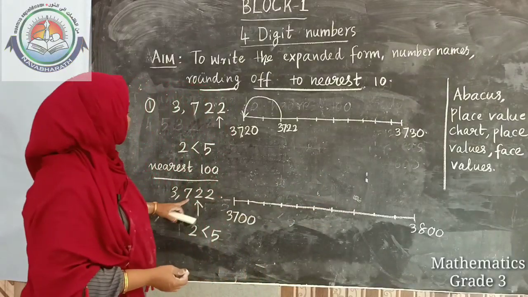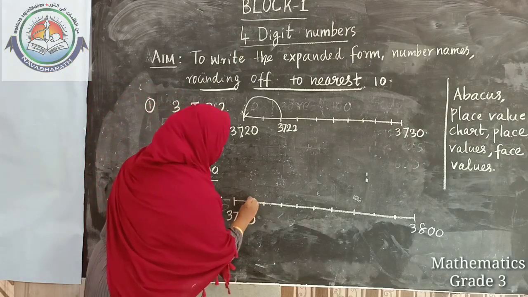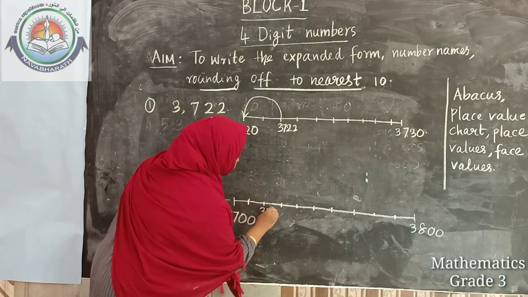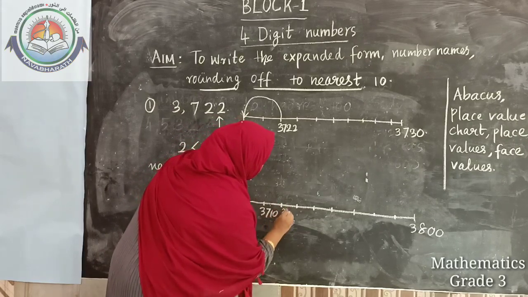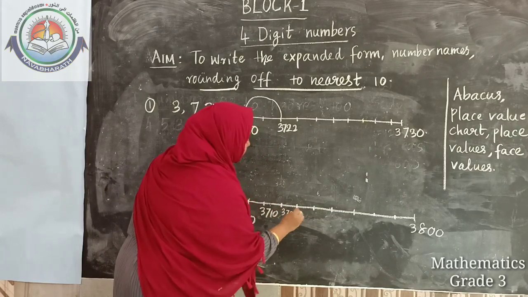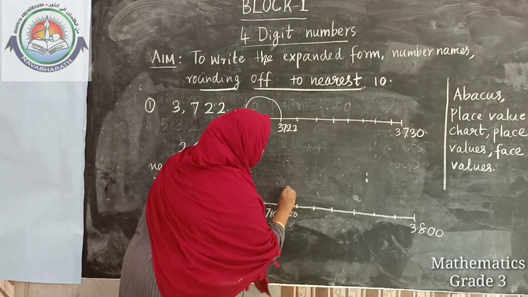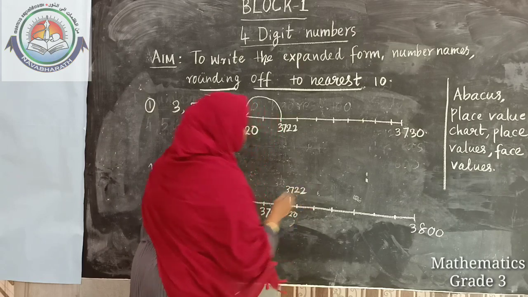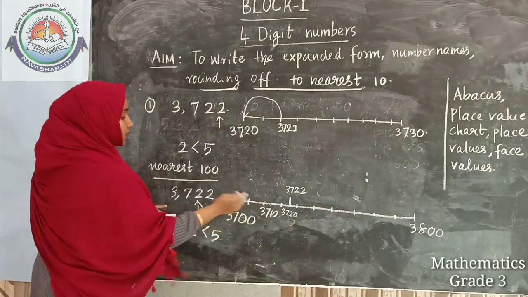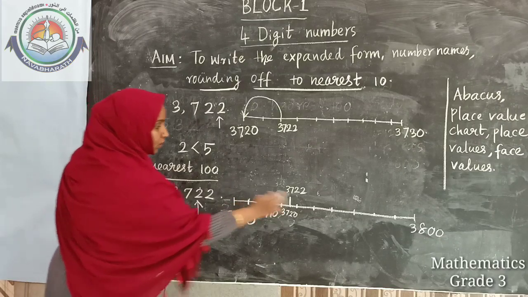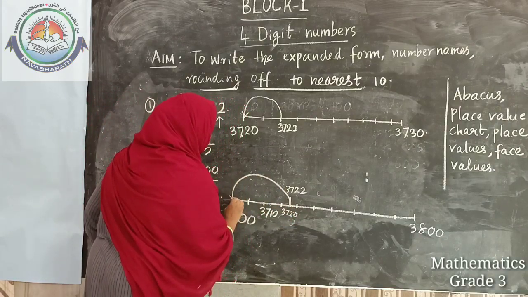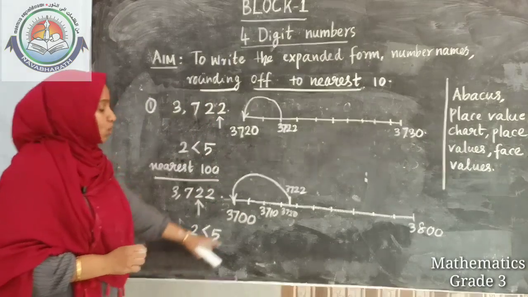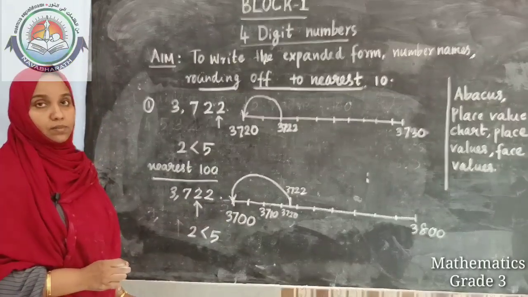This is 3,710. This is 3,720. And 3,722 comes somewhere here. So it rounds off to here, because this is the closer number. This is the closer hundred. Okay.